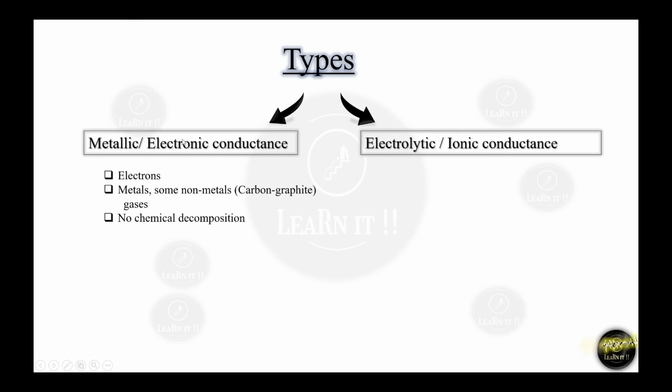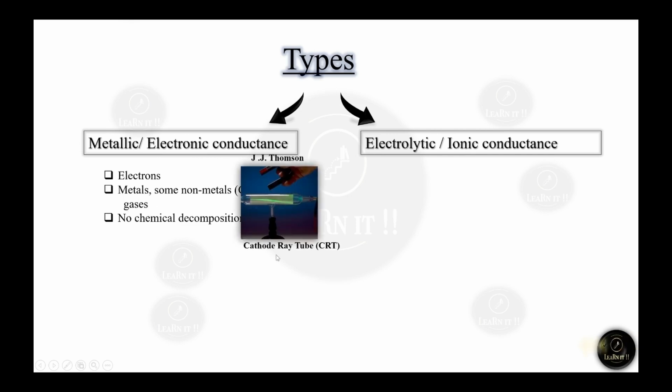Examples include metals. Some non-metals also possess electronic conductance, for example carbon in graphite form. We can see conductance through gases by the emission of electrons, as seen in J.J. Thomson's experiment, where the gas is taken at low pressure and high voltage is passed through it. So the gas conducts electricity.